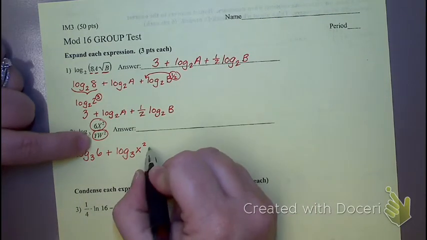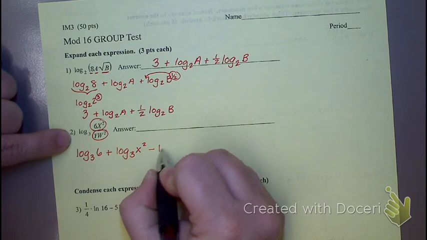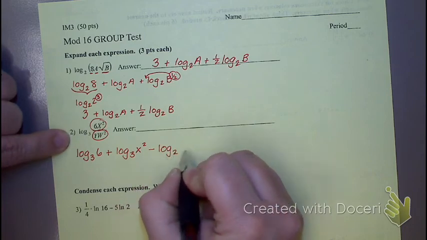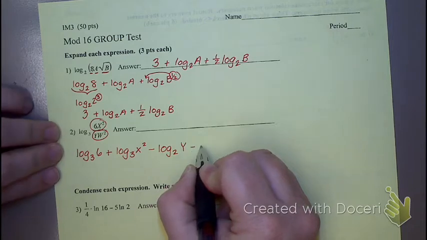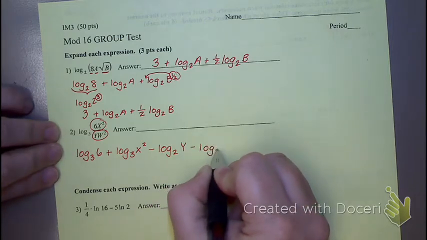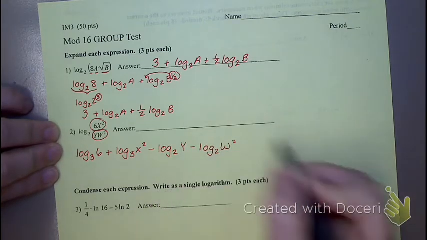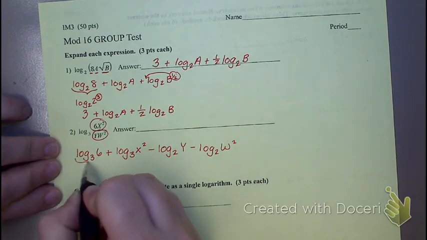Now I'm coming up to the y, so that's on bottom. I'm going to put a minus log base 3 of y. And then the w squared is also on the bottom, so I'm going to give minus log base 2 of w squared.